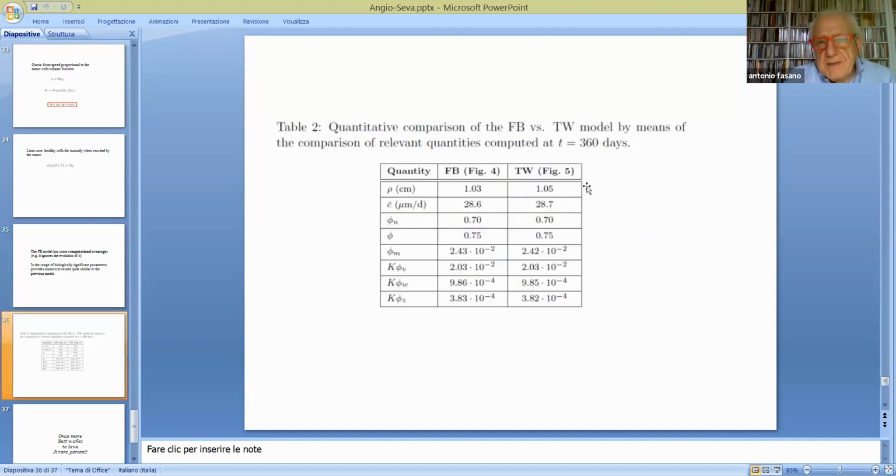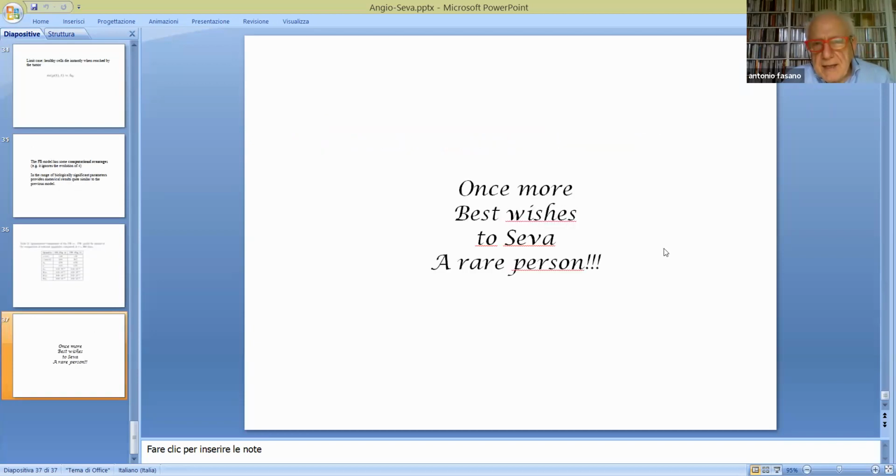And what we find is that the two models give exactly the same results. So actually, we are dealing both with a traveling wave system and with a free boundary problem. So this is what I had to say, and I just conclude with one more best wishes to a rare person. Thank you.